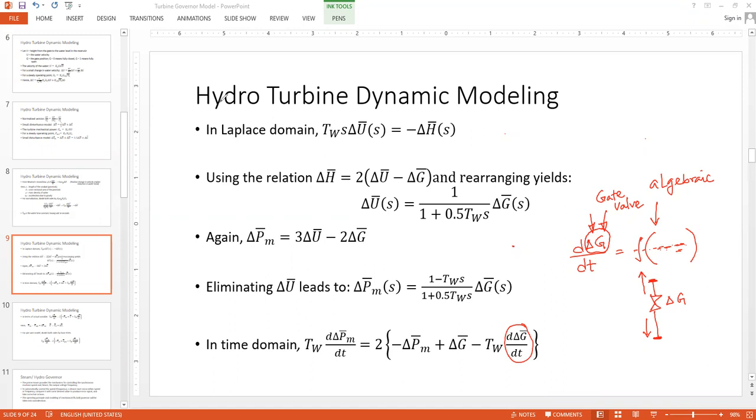We want to change it because we want to replace it here. That is one way to say it. Another way to say it: if we can incorporate this deviation in del G with respect to time in some manner, then we can actually control the amount of water intake going to the turbine blades.